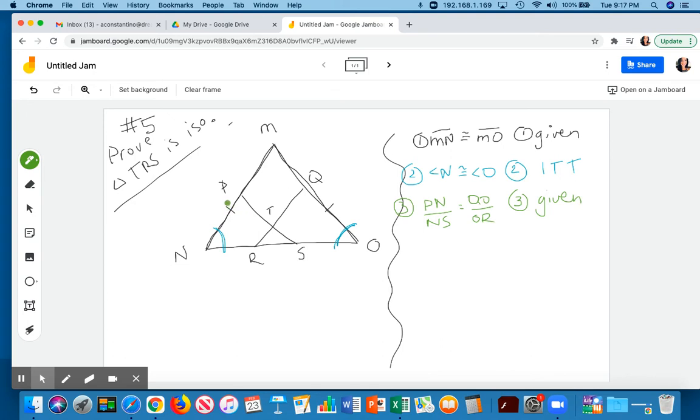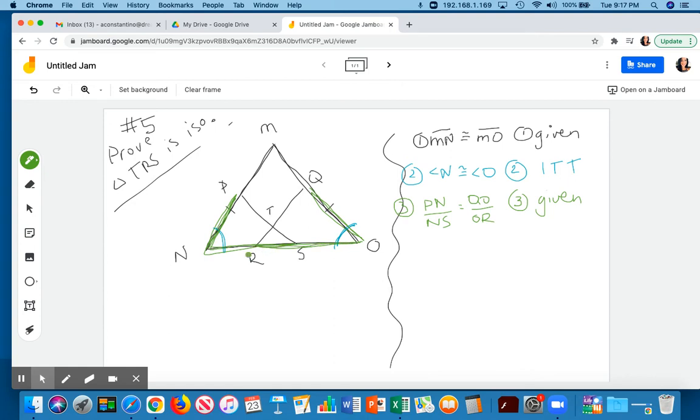So basically this is saying we have this triangle here, because we have PN here and then NS here. And then we're comparing it to QO, which is here, and OR, which is here.